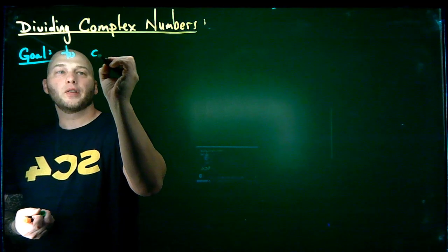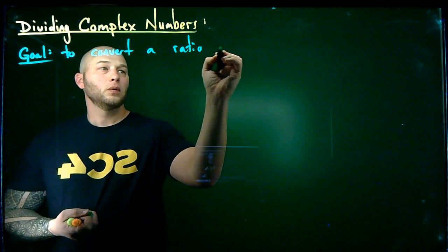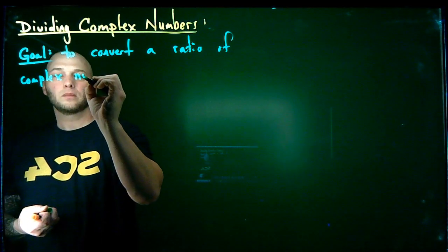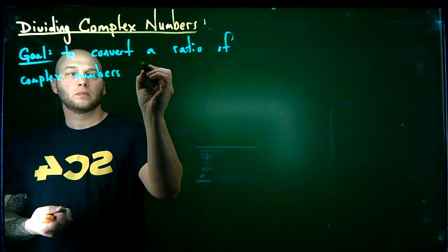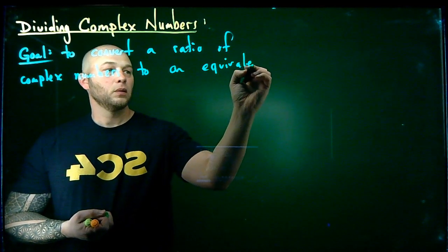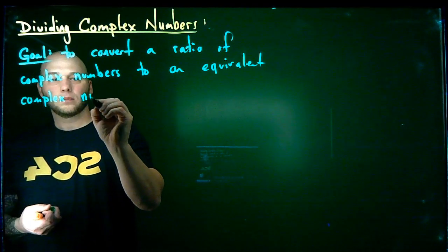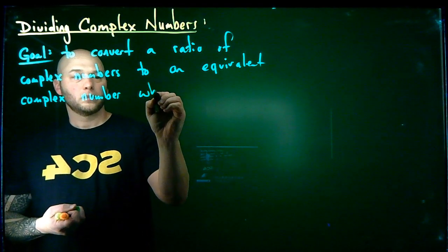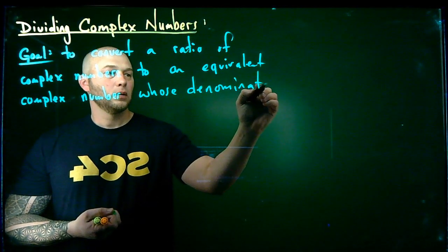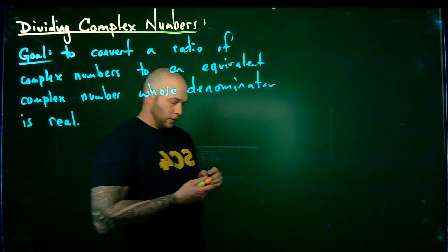is to convert a ratio of complex numbers to an equivalent complex number whose denominator is real.